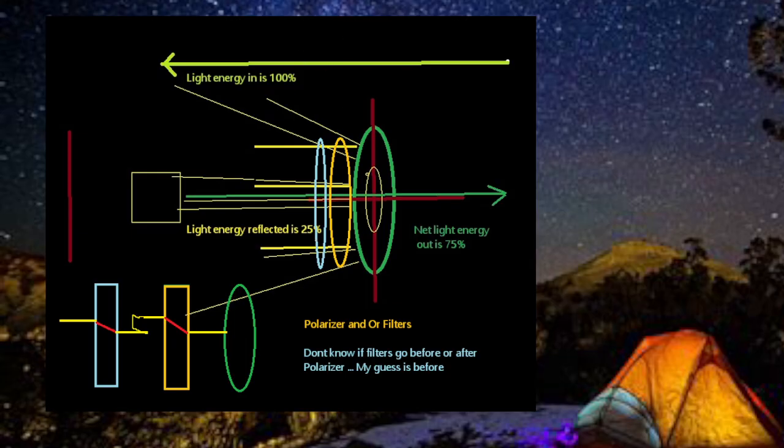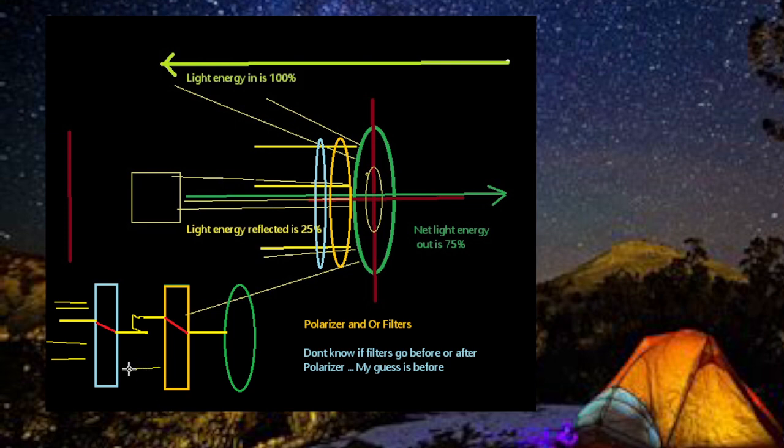Now, also, let me go back to yellow, back to the thin line. You've got more, oopsie daisy. You've got more reflection coming off the filter because it's reflecting light. Everything is reflecting light.